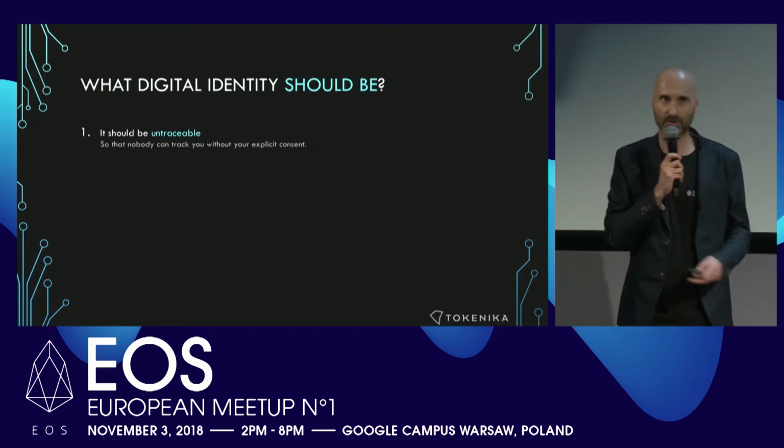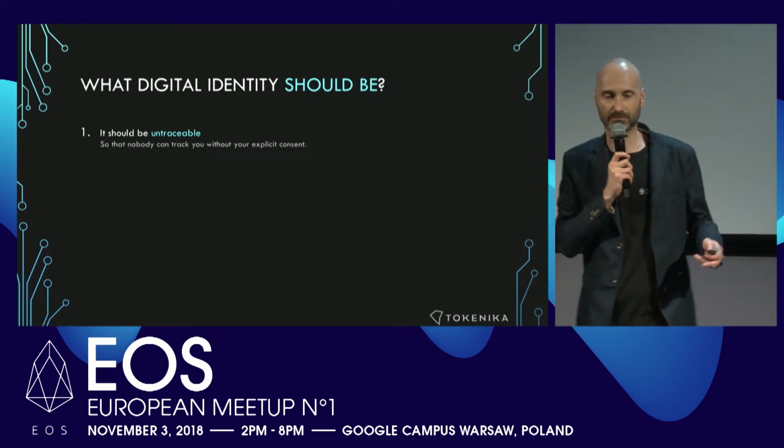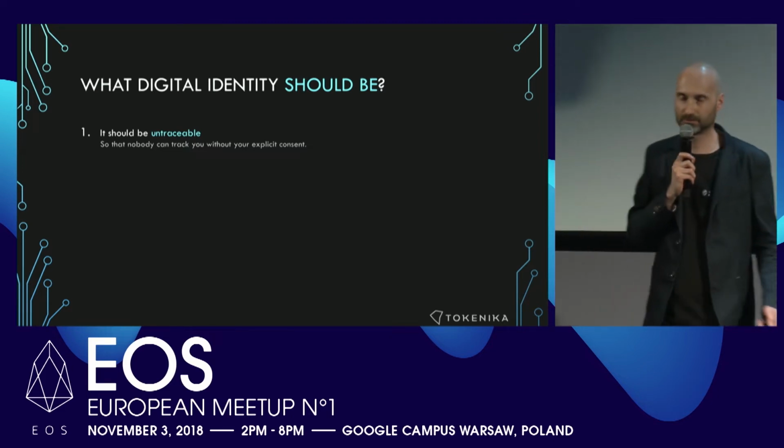Now let's briefly discuss what we would like digital identity to be. I've come up with six characteristics. Definitely we want digital identity to be untraceable, so different digital personas should not be connected. If I'm a good driver, it has nothing to do with me being a member of a sports club.